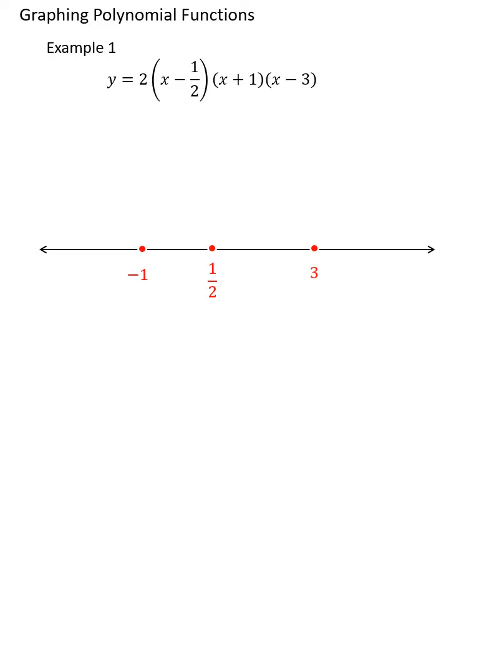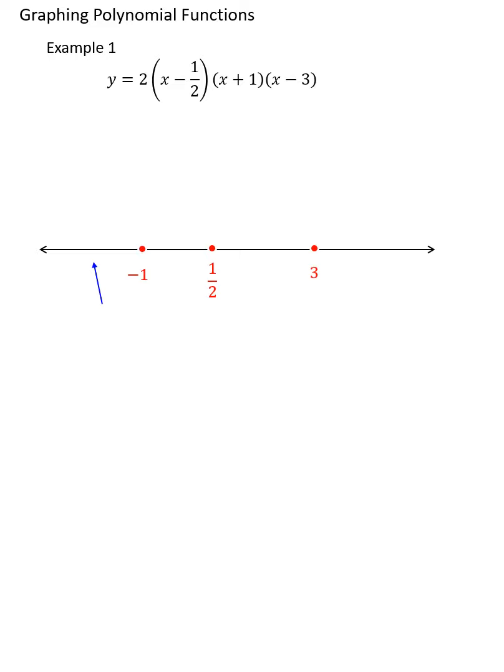What I'm going to do is plug in a random number to the left of -1, a random number in this region. Really, you could pick anything. I'm going to plug that into the original function. If the result is a positive number, I don't know yet whether it will be, but if the result is positive, then I'll know the graph is above the x-axis because I have positive y values there.